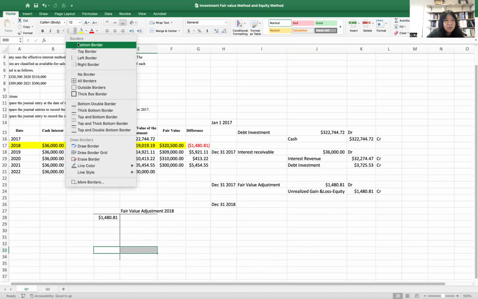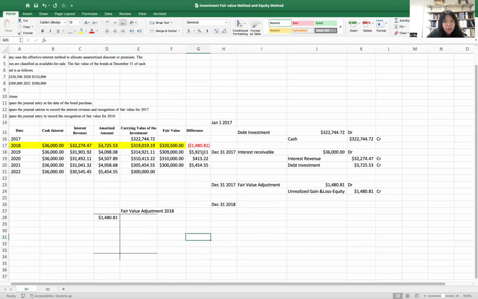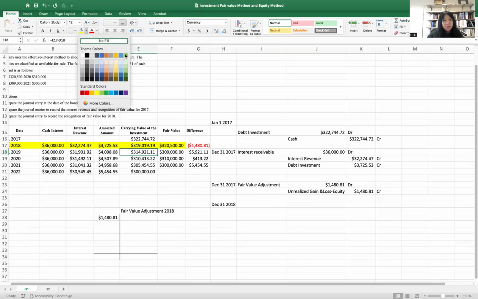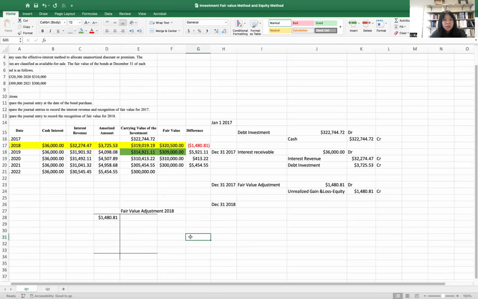For the ending balance for this account, we know you have to go from carrying amount 314,921 to 309. Therefore, you have to actually reduce the amount.